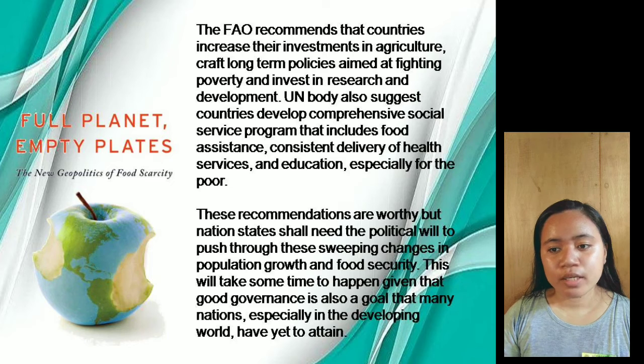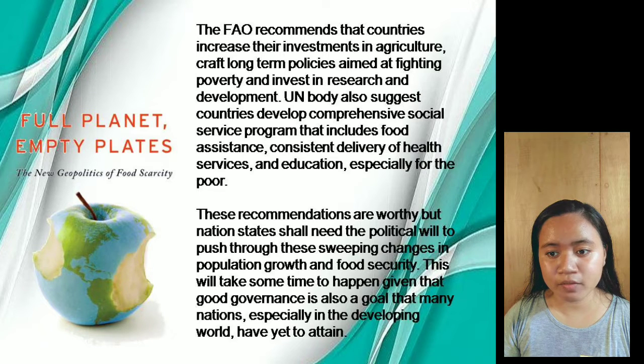According to FAO, they recommend that countries increase their investments in agriculture, craft long-term policies aimed at fighting poverty, and invest in research and development. And the UN body also suggests countries develop comprehensive social service programs that include food assistance, consistent delivery of health services, and education, especially for the poor.